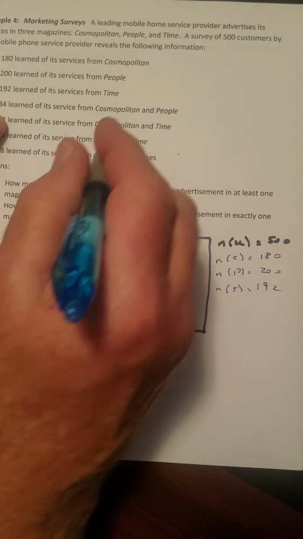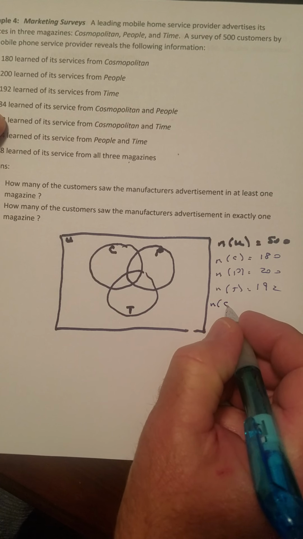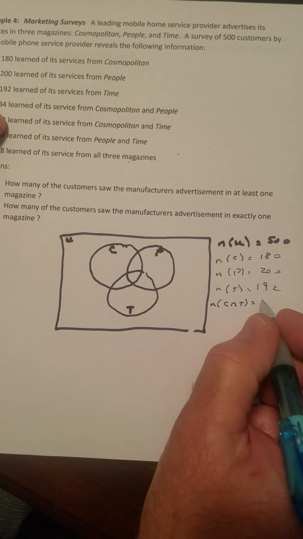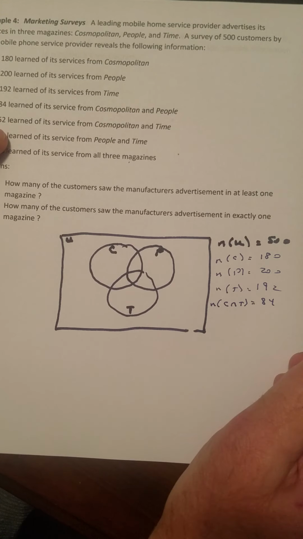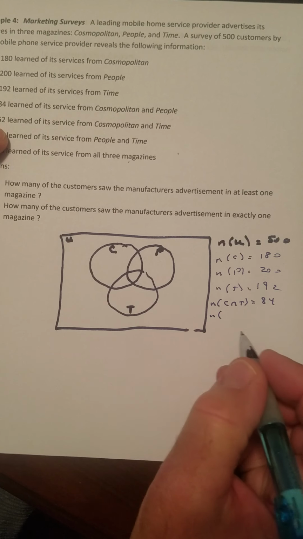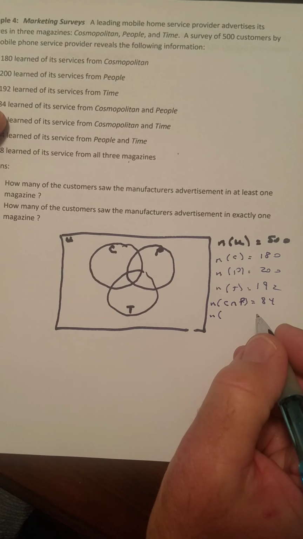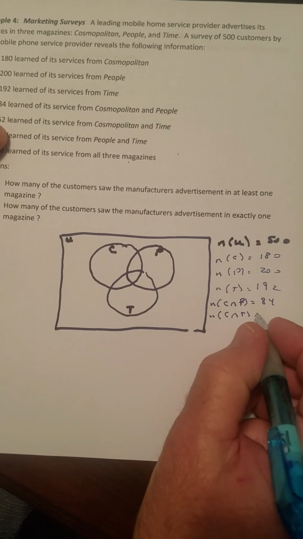84 would be Cosmopolitan and People. So I would say the number in Cosmopolitan and People is 84. So now I'm putting it into symbols. Cosmopolitan and Time was 52. I said that wrong earlier.